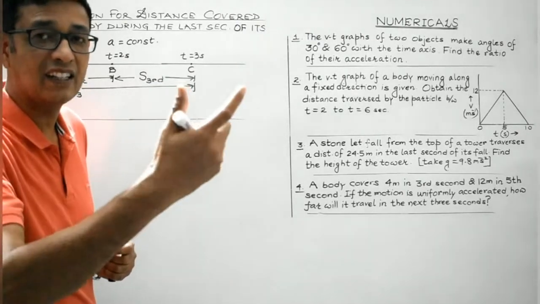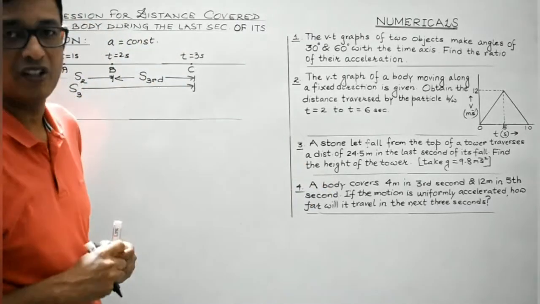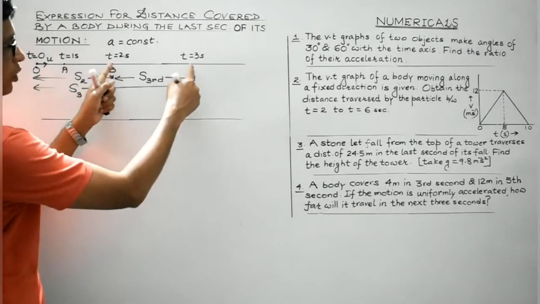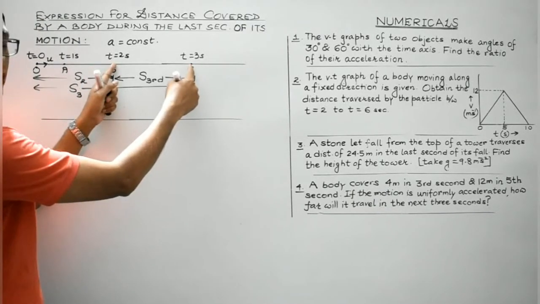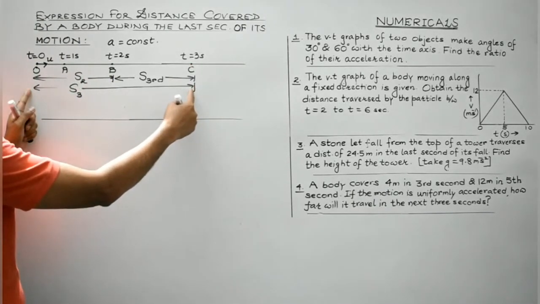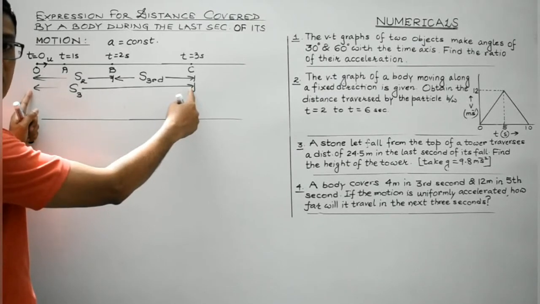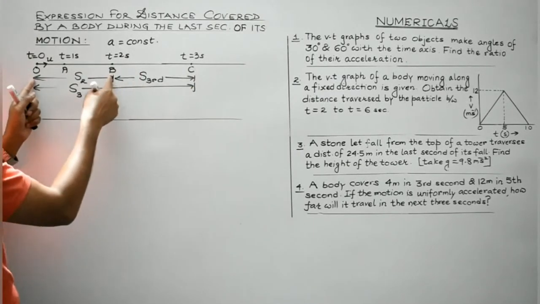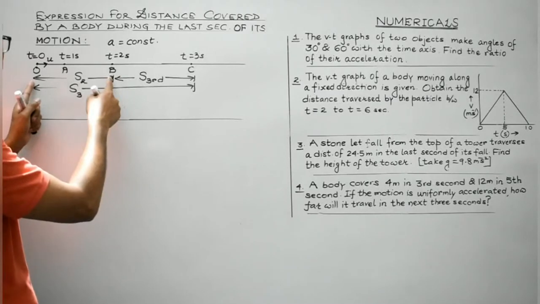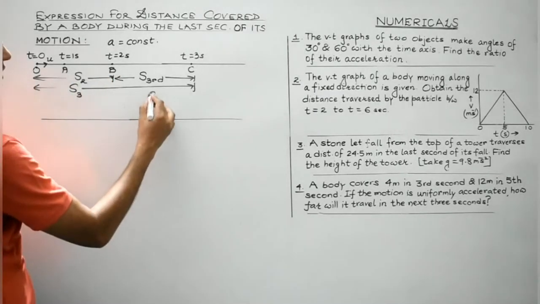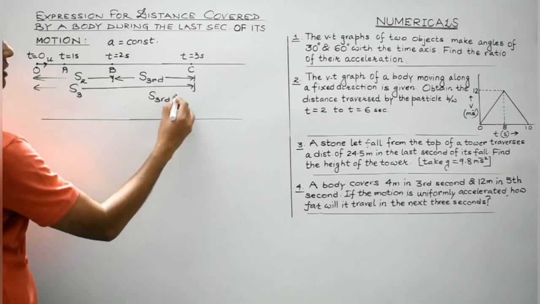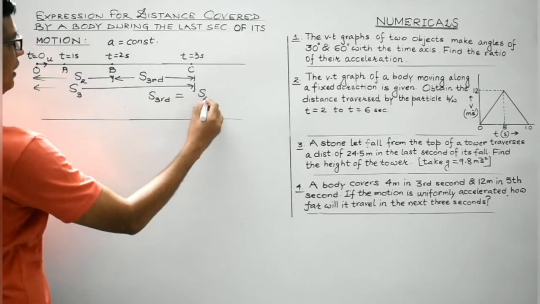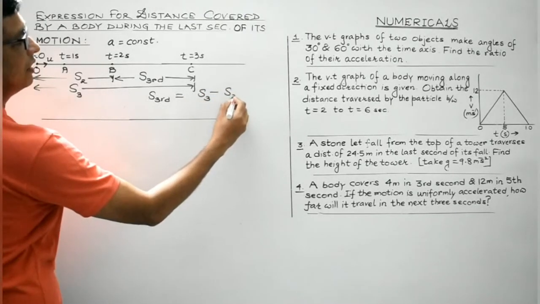Here the last second is the third second of its motion. So the distance covered by the body during the third second of its motion would be S3, which is the distance covered by the body during 3 seconds, minus the distance covered by the body during 2 seconds. So in this case, S third will be equal to S3 minus S2.